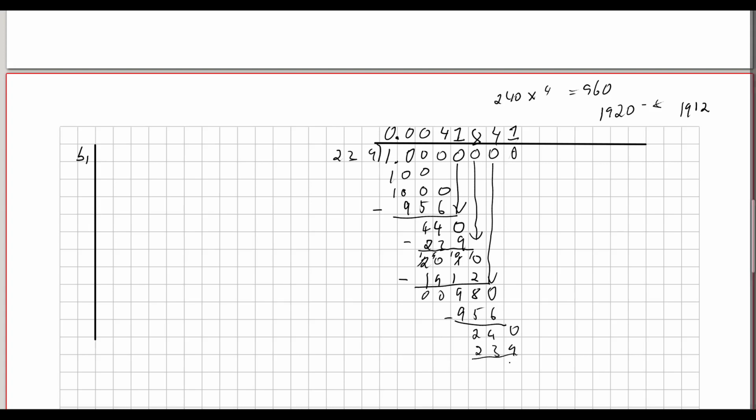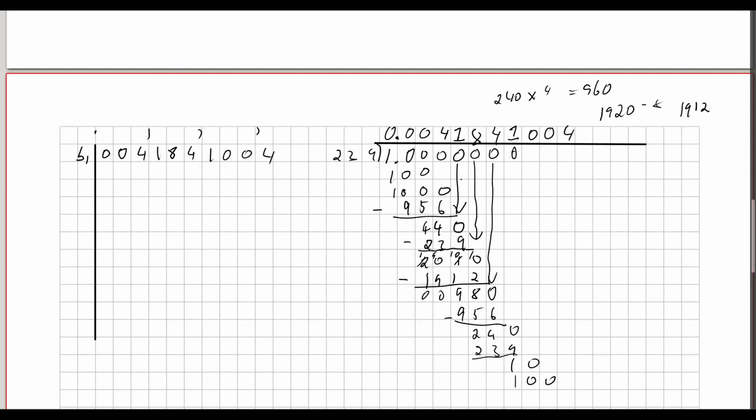And again we've got 10, so that goes 0, 1, 0, 0. There will be 1,000, and it'll go in 4 times again, so it's just repeating. So with this, we've got 0.0041841004, so that's 10 places there.